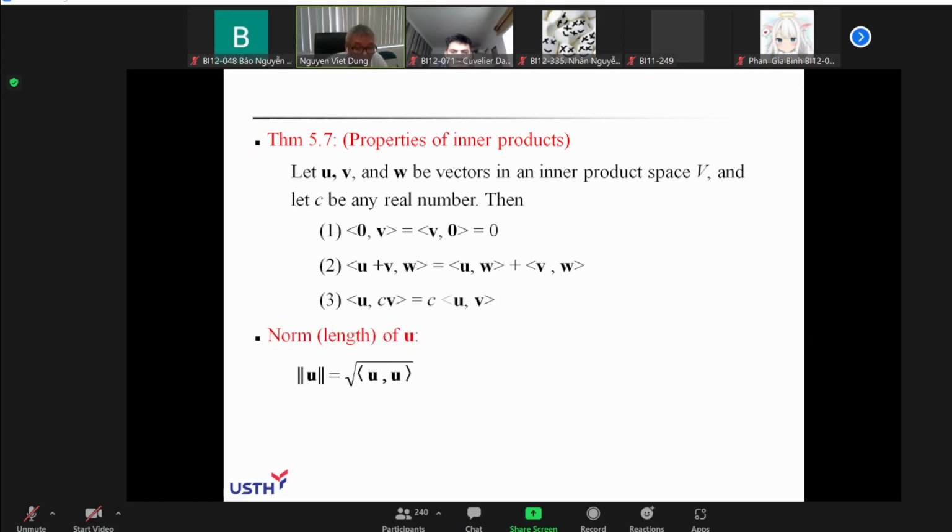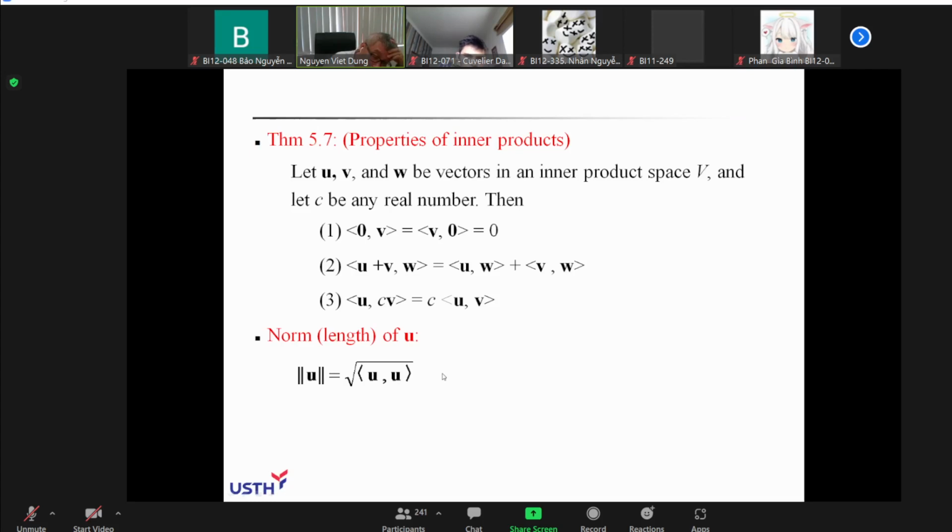And also, similar to the dot product or similar to the Euclidean space, we can define the norm of a vector u in an inner product space. We can define the norm by the square root of the inner product of u and u.